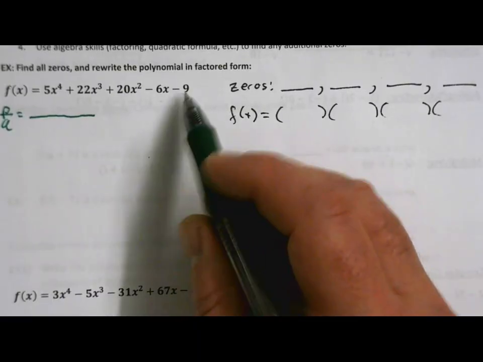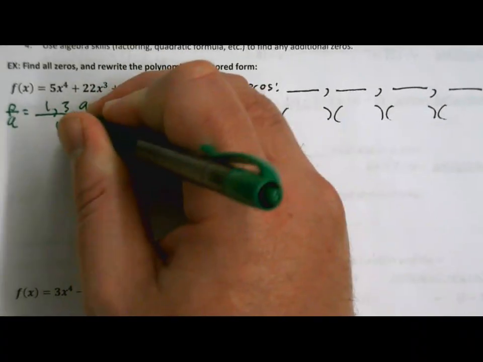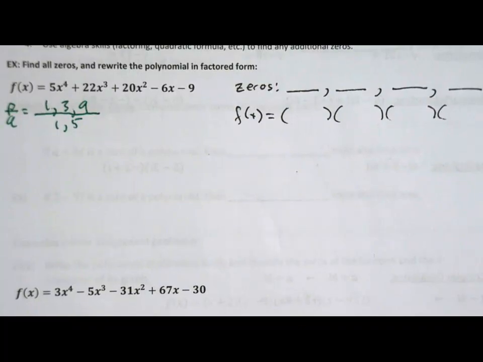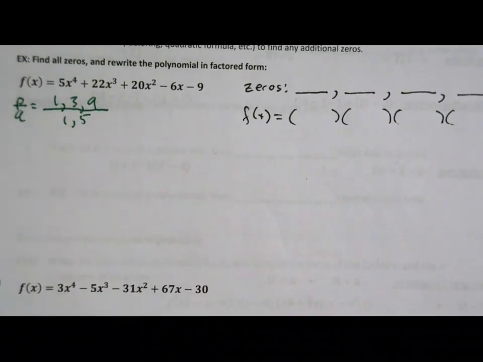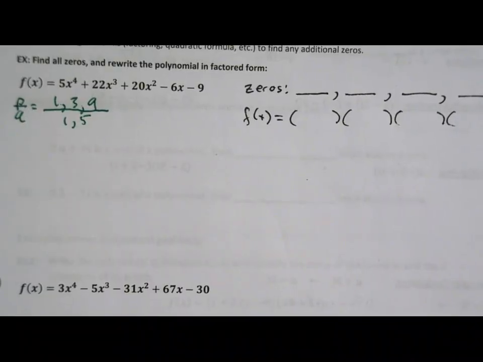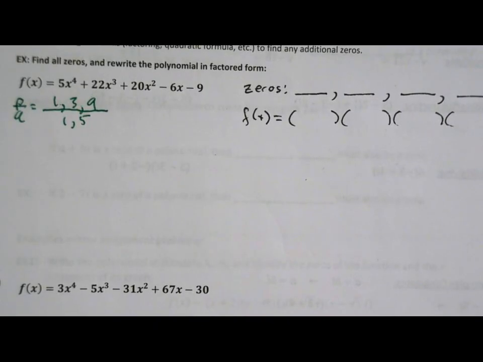So factors of 9 are 1, 3, and 9, and factors of 5 are 1 and 5. Now on a test, I'm going to ask you to actually list them out, but this is good enough for right now. At a glance, could you look at this and answer the question, is it possible that 3/5 is a 0 for this thing? Is 3/5 possible? Is negative 3 a possibility for this? Yeah, okay. So that's good enough for us for right now.